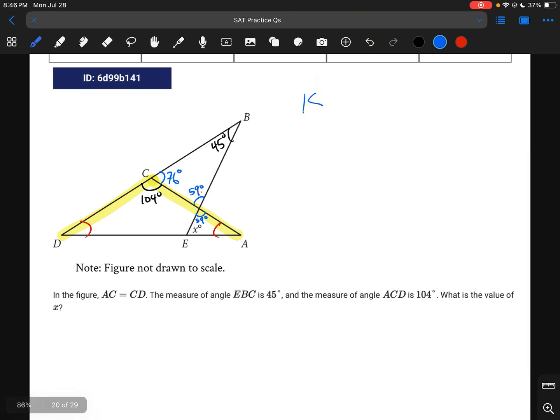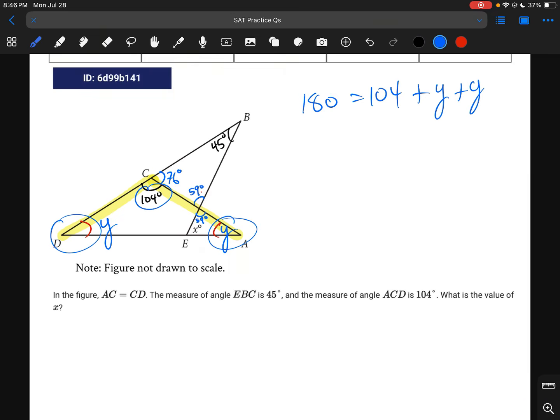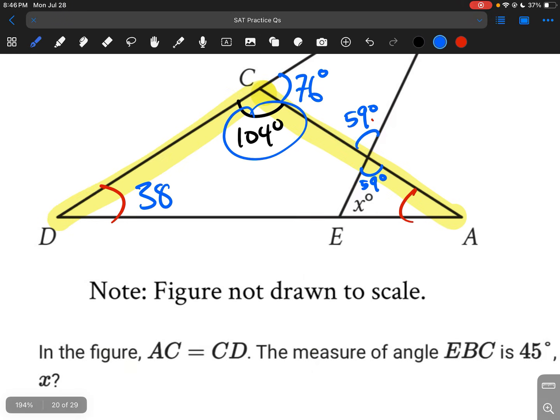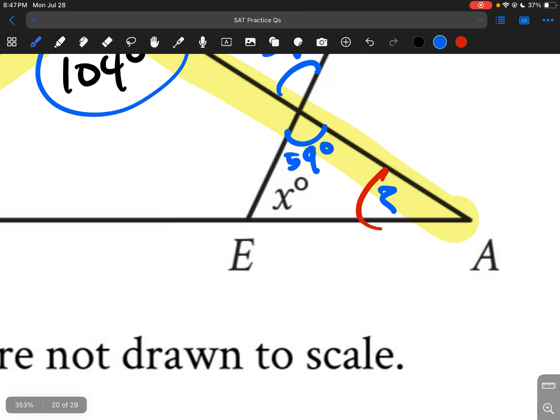So 180 has to equal 104, this angle here, plus the angle at D and the angle at A. Since we know that they're exactly the same, we can call this angle Y and this angle Y. So 180 is equal to 104 plus 2Y, and solving for Y, Y is equal to 38, which means this is 38 degrees, and this is 38 degrees.